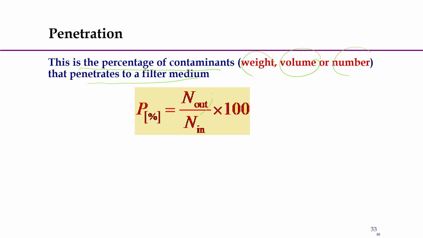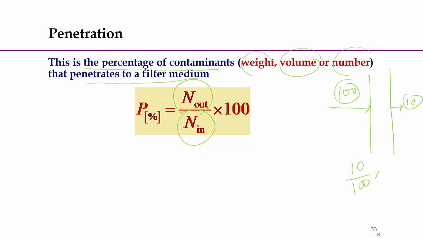So, N out by N in. As we have mentioned, 100 particles came in and 10 went out. So, here penetration will be 10 by 100, so 10% penetration is there.